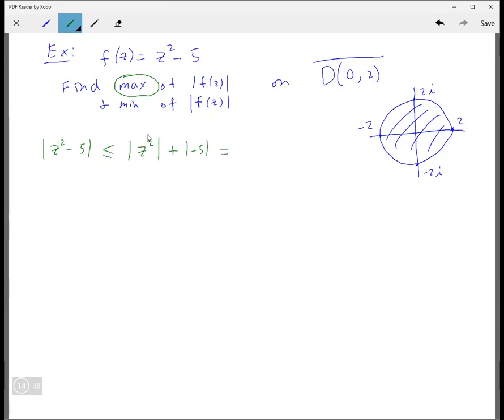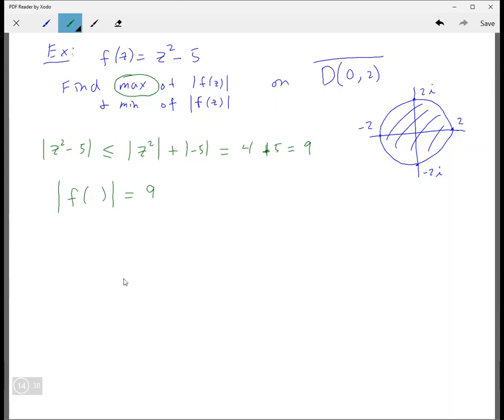And what's this on the boundary? That's going to be 4, and then this one is just going to be 5. So the most it can ever be is 9. Can we find a point where the modulus is 9?